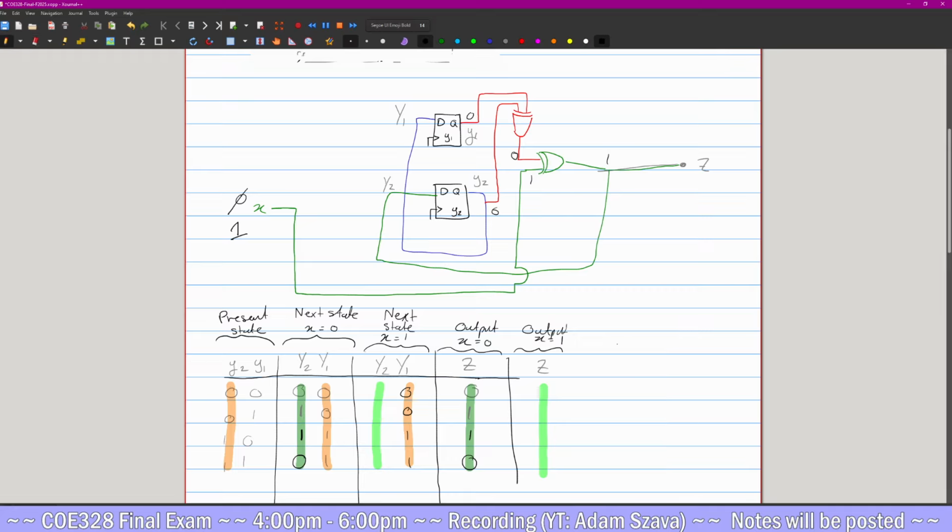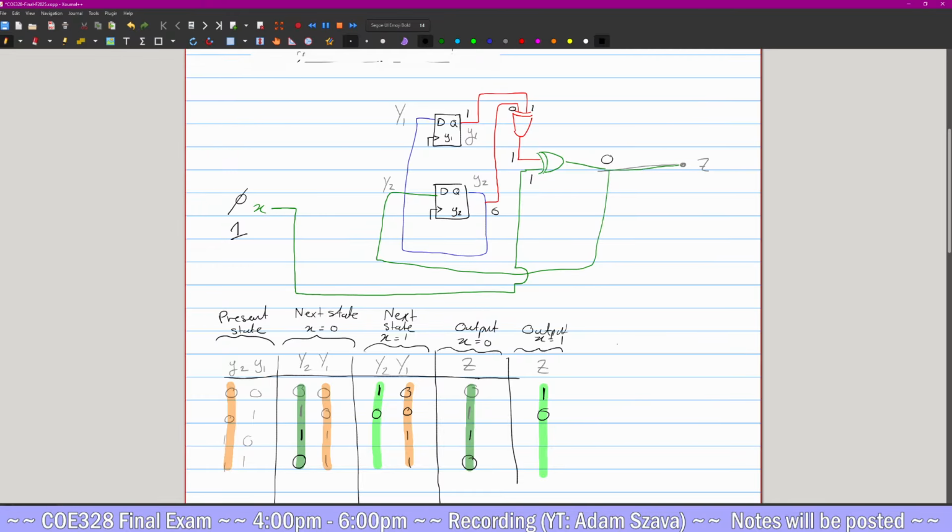So this is a 1 and a 1. Then we have 0, 1, so this is 0, 1. So this is a 1. This is still a 1. 1 XOR 1 is 0. So we get a 0 here for our Z values.